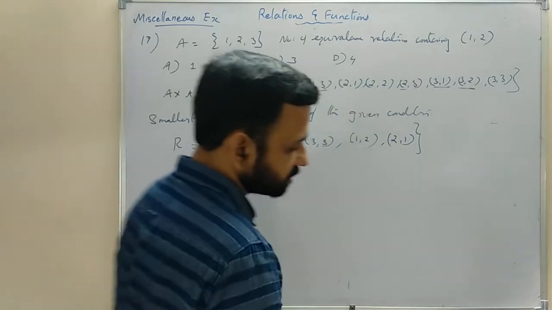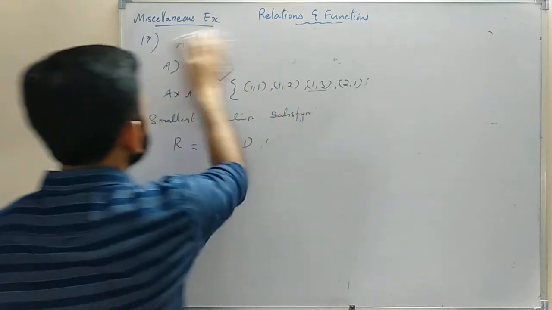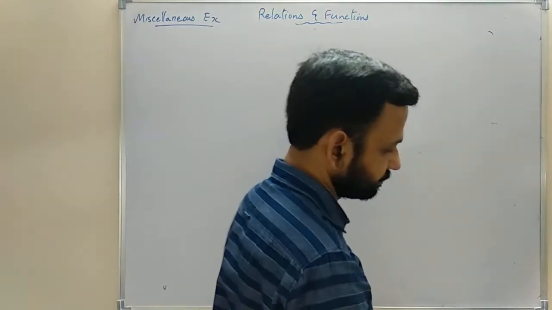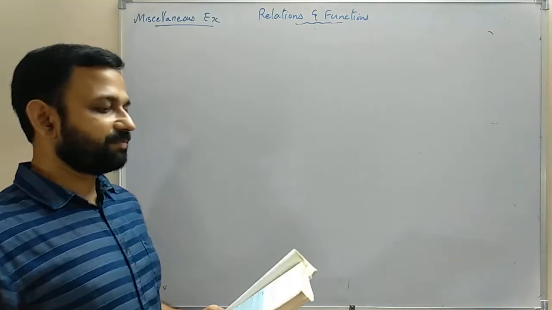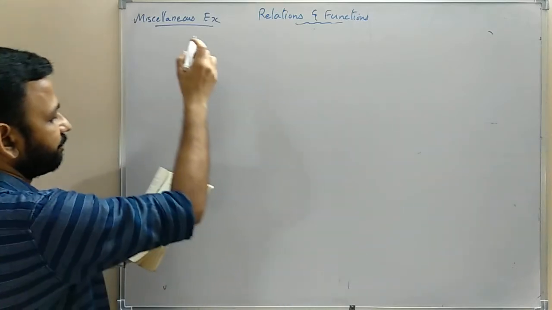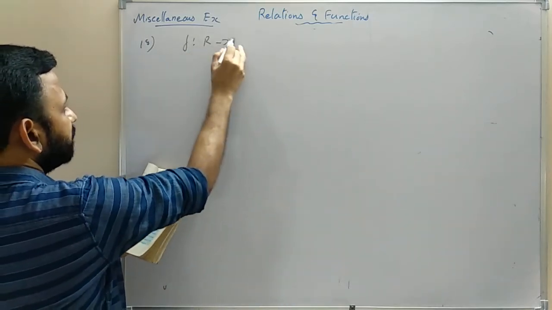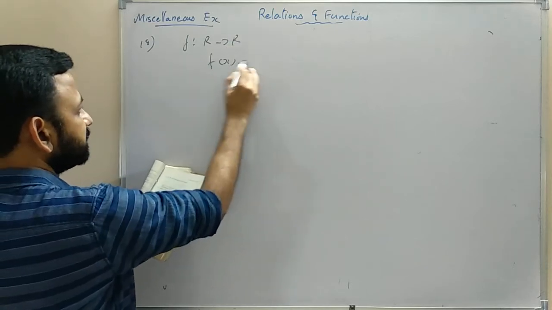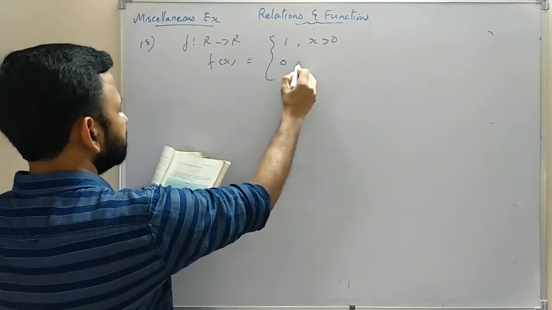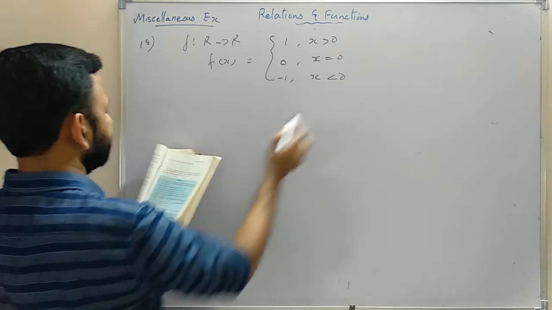Now we have one more question, that is question number 18. f is a function from R to R given by f(x) equal to 1 if x greater than 0, 0 if x equal to 0, minus 1 if x less than 0.